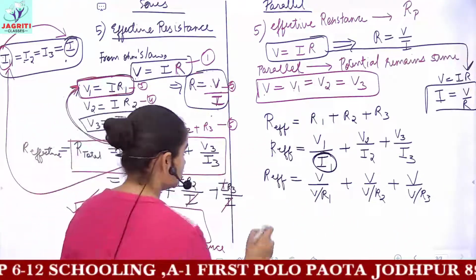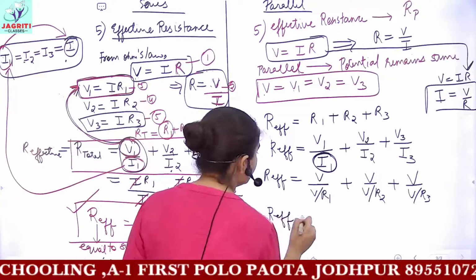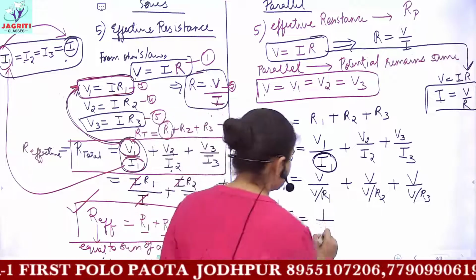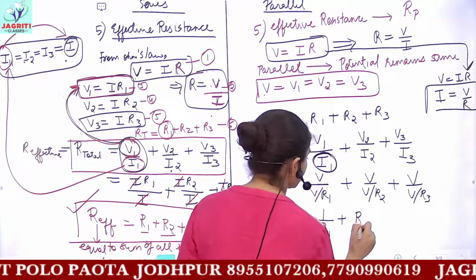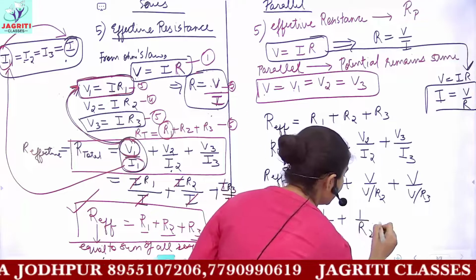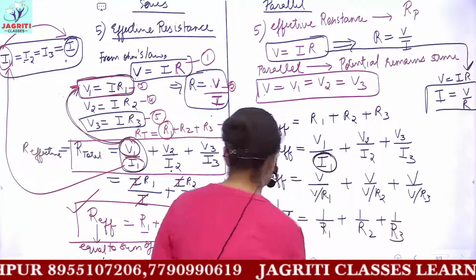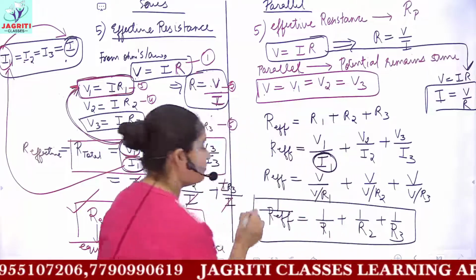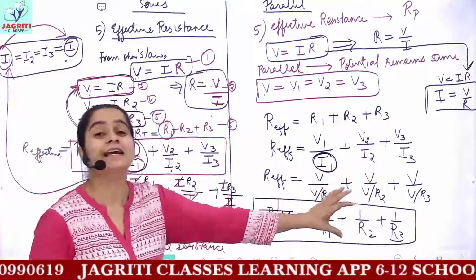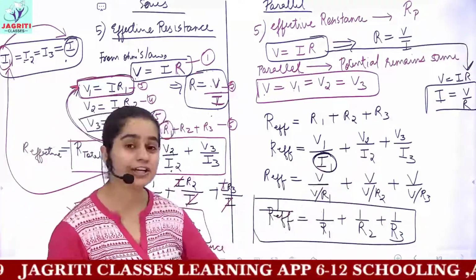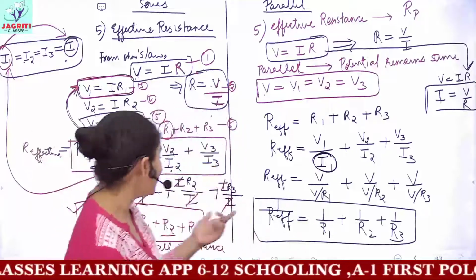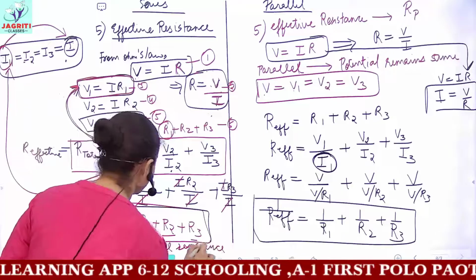Then solving this equation, you get 1 upon R effective is equal to 1 upon R1 plus 1 upon R2 plus 1 upon R3. This gives you the effective resistance in parallel combination, whereas in series it is R1 plus R2 plus R3.